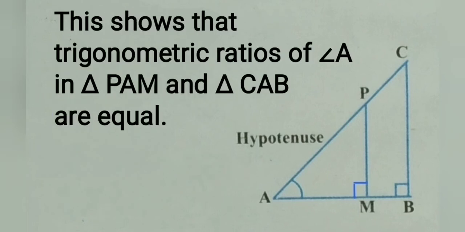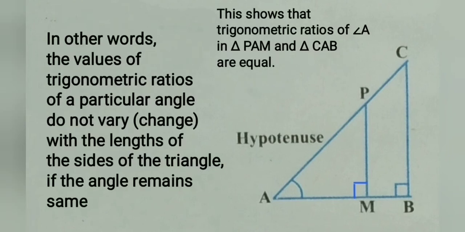This shows that trigonometric ratios of angle A in triangle PAM and triangle CAB are equal. In other words, the values of trigonometric ratios of a particular angle do not vary, that is change, with the lengths of the sides of the triangle, provided the angle remains the same.